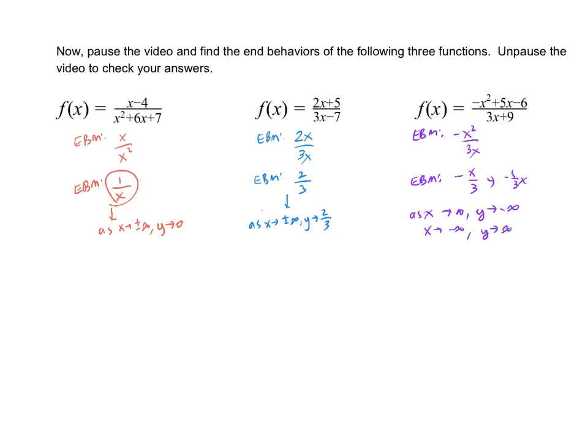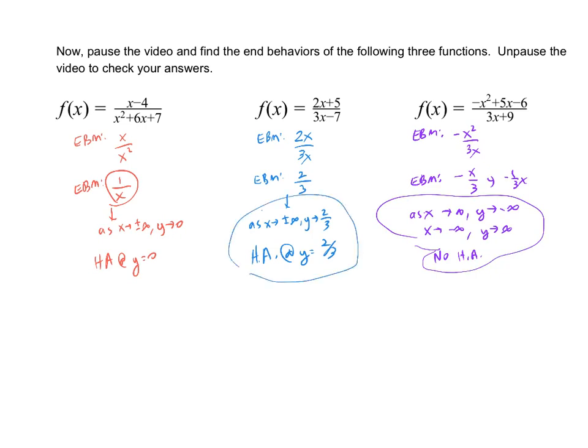So we would say here that we have a horizontal asymptote at y equals 0. Here we have a horizontal asymptote at y equals 2/3. And here we don't have a horizontal asymptote, but my end behavior is this. So that's how you find end behaviors of rational functions.